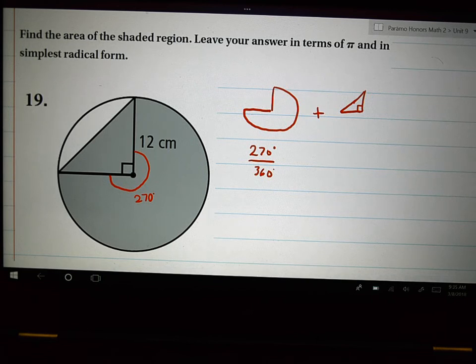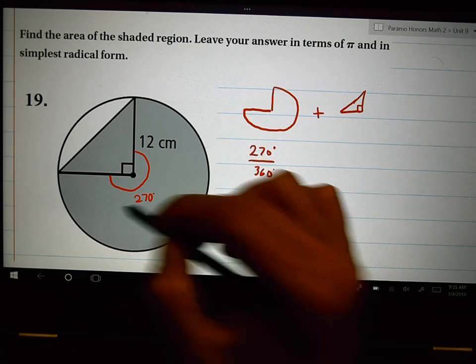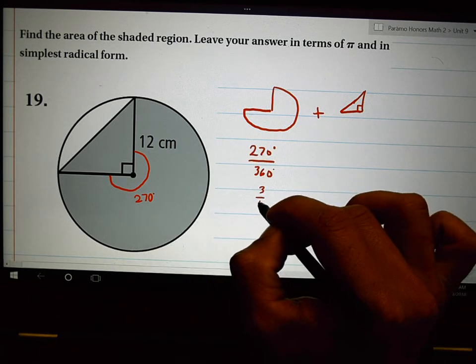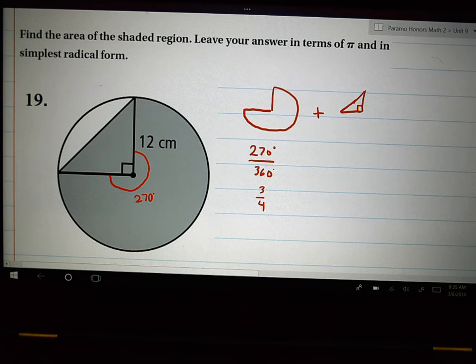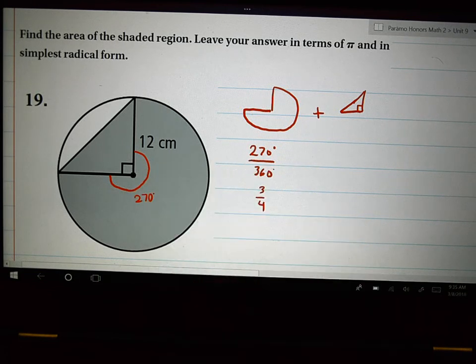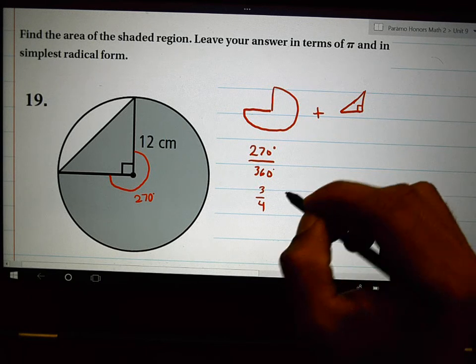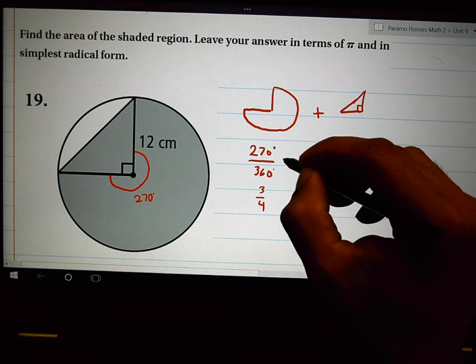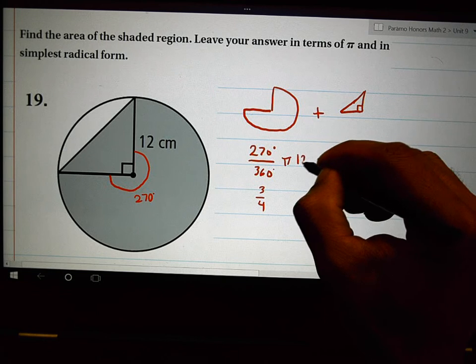I'm just showing you that that's what you could do, because this is how much of the circle? 3/4. If you don't see that, think of it like quarters. 3/4 of how much? Of pi r squared. Pi, what's the radius? Squared.